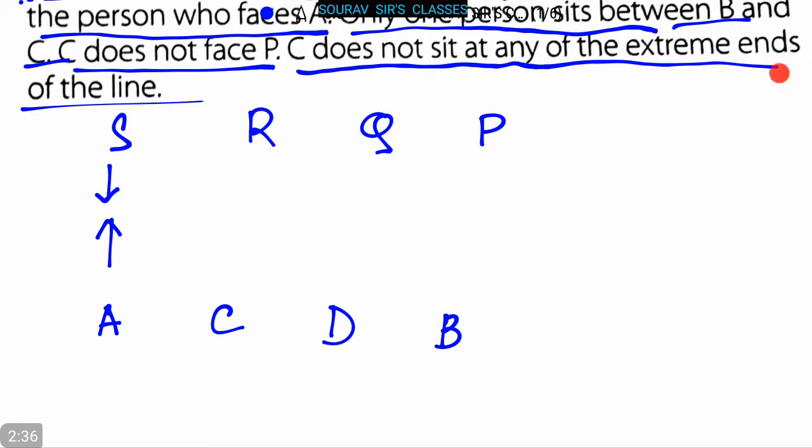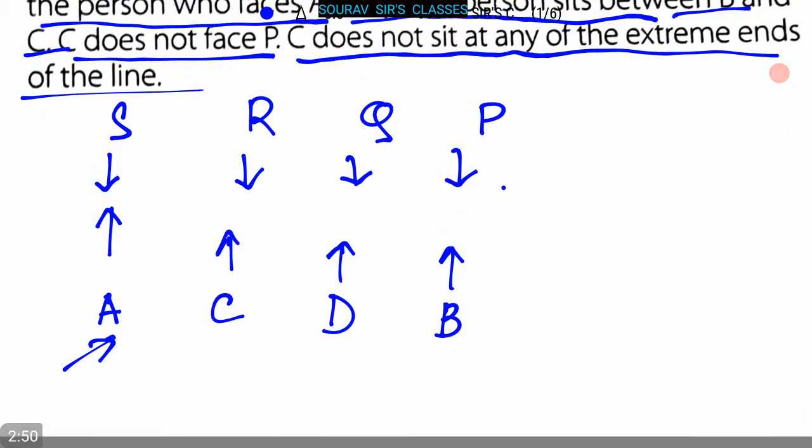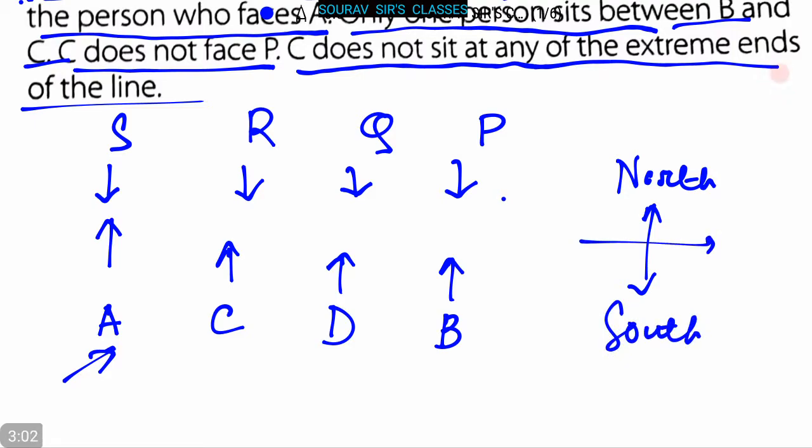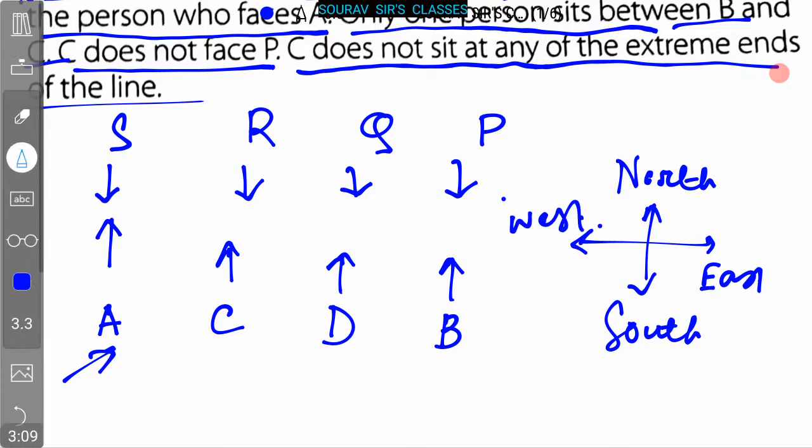Now they are facing towards south, and in row 2 these people are facing towards north. So here I have prepared the seating arrangement of the 8 people, and we know this side is north, this side is south, this is east, and this side is west. Okay, so now let's go to the questions.